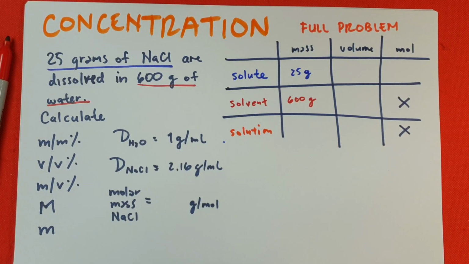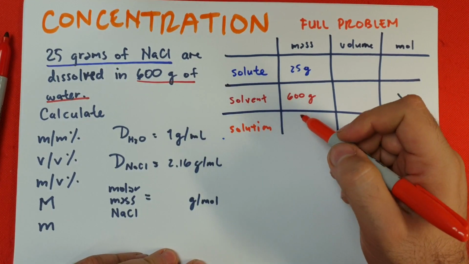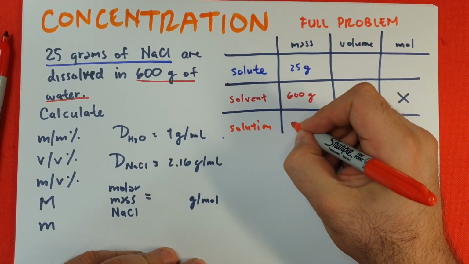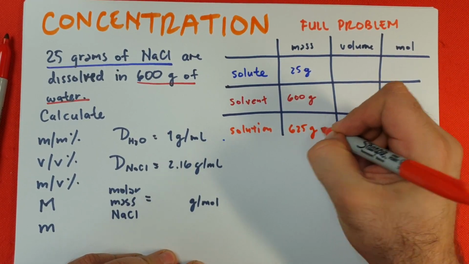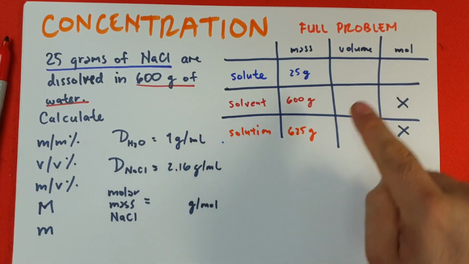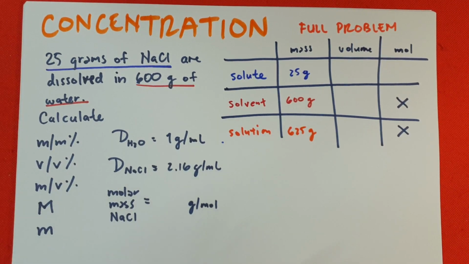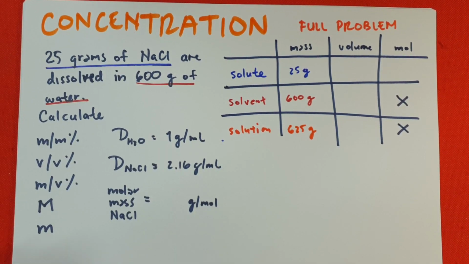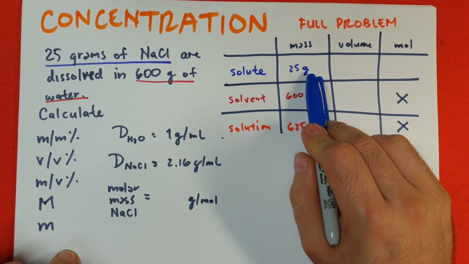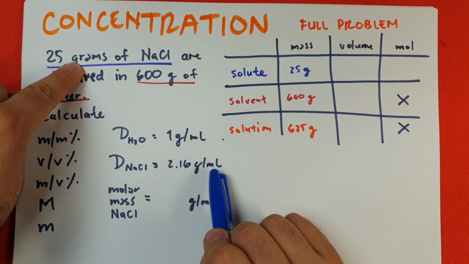If I know that solute and solvent equals solution, I can just add these together, and this gives me 625 grams of solution, which is the mass of the solution. But how am I going to get the volumes? That's very simple because we're given density. We have 25 grams of salt, and for every 2.16 grams there's 1 milliliter.